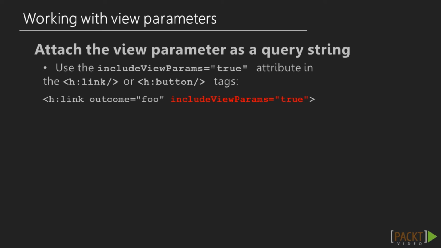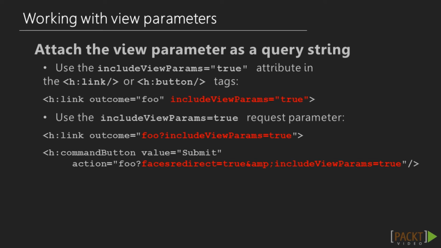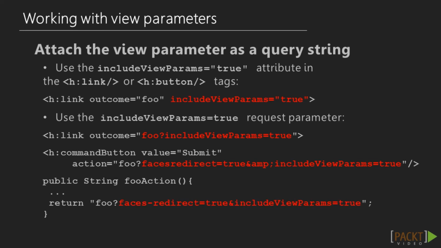Or we can use the includeViewParams request parameter in any URL. For example, we can use it in h:link, h:commandButton, or in an outcome returned by an action method.